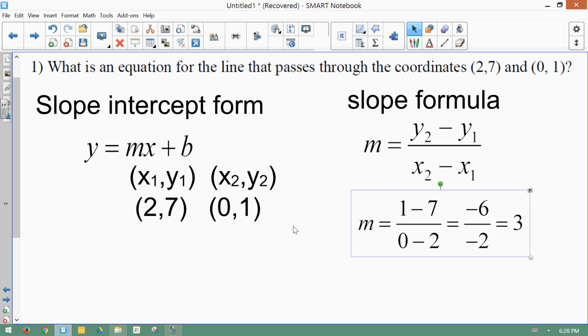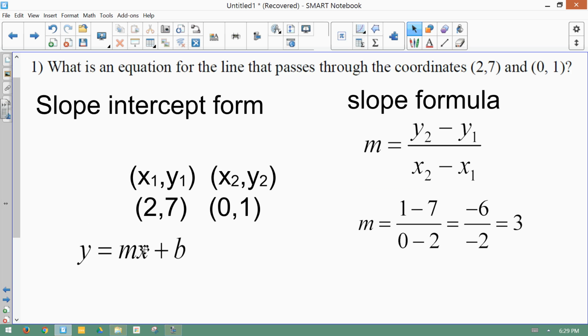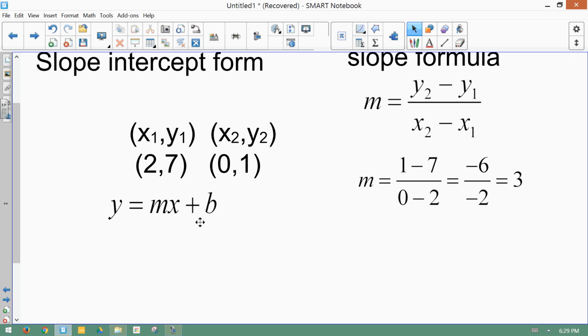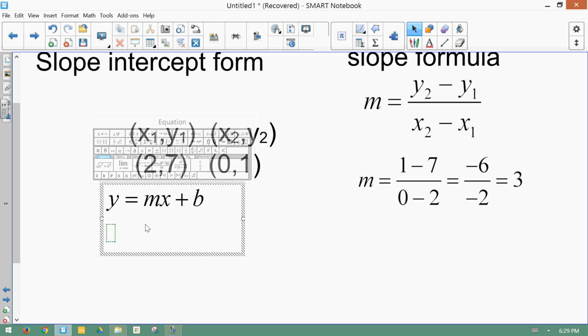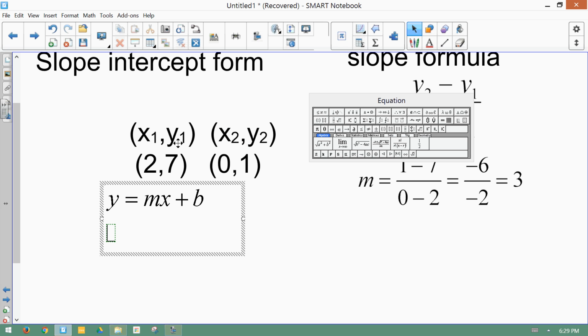Now, there are two ways to get the y-intercept. One way is to substitute into this formula. We know that m is 3. We can use either one of these points for x and y. Let's use the point (0, 1) because it's so easy to deal with 0.